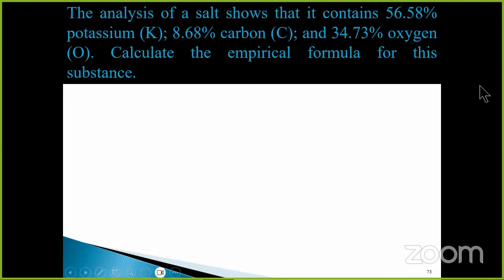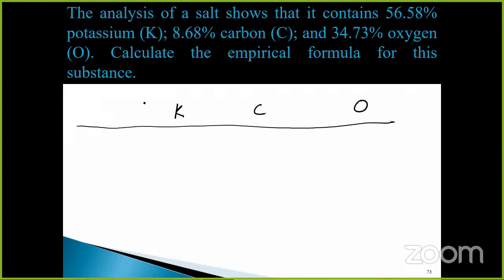Now, personally speaking, I like to do this in a tabular form. So what I'm going to do here is write down potassium, carbon, and oxygen at the top of this table. And then the first row below it will be the respective masses of each element. Now, the question did not give us the masses of each element. The question gave us the percentages.